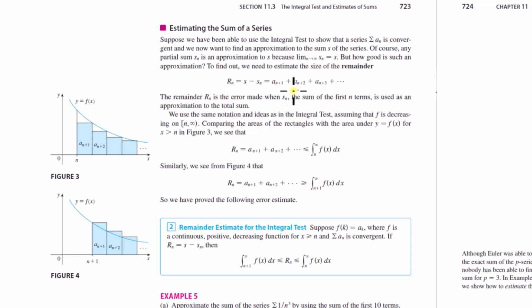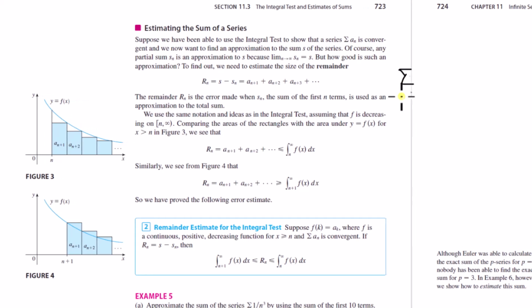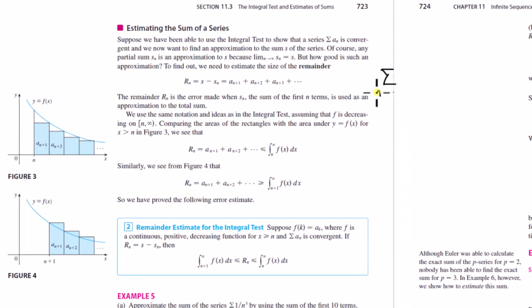Okay, so here's what they call the remainder. And what this means is, we've got this infinite sum here. We've got A1 plus A2 plus A3 plus, and then you can imagine we get to A sub n.